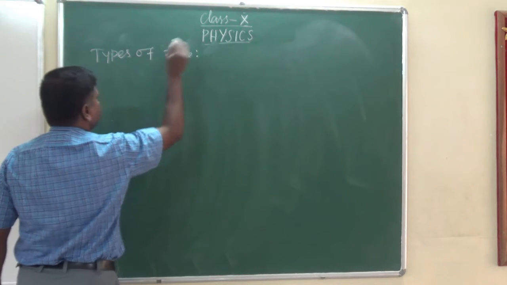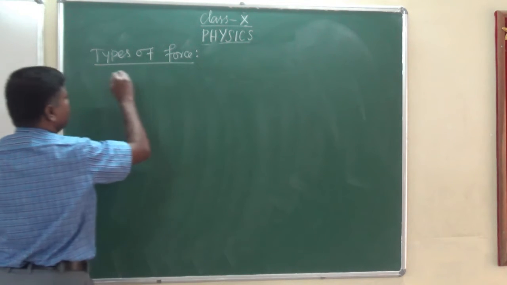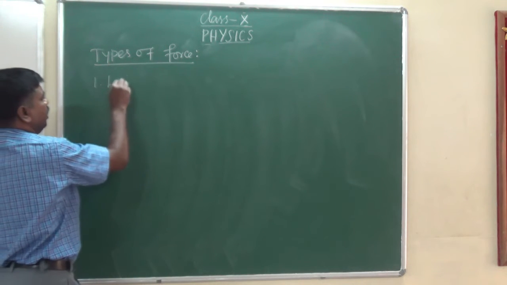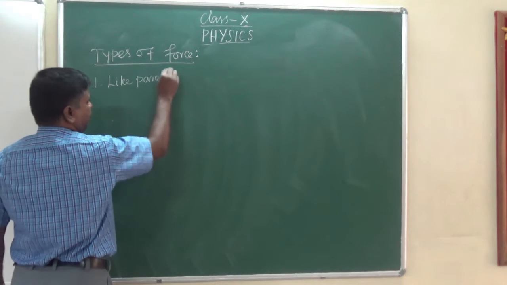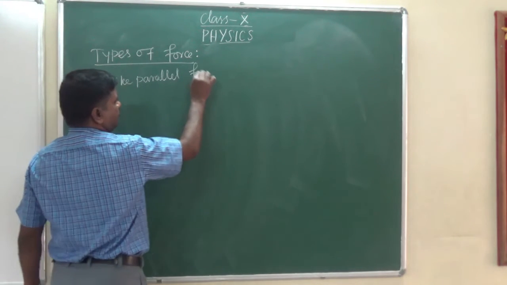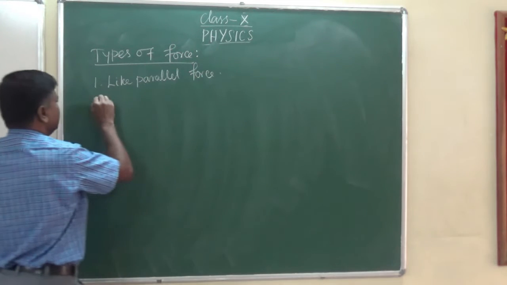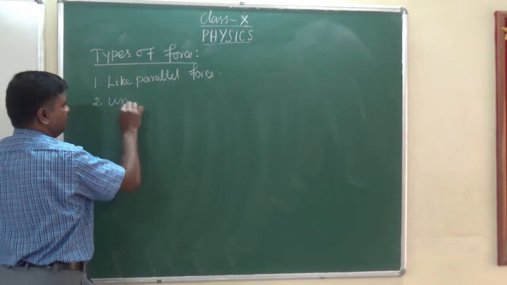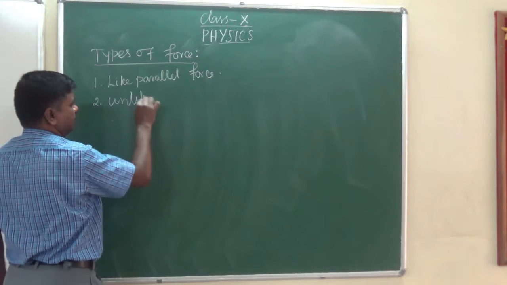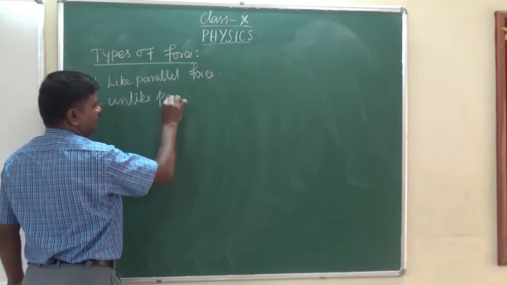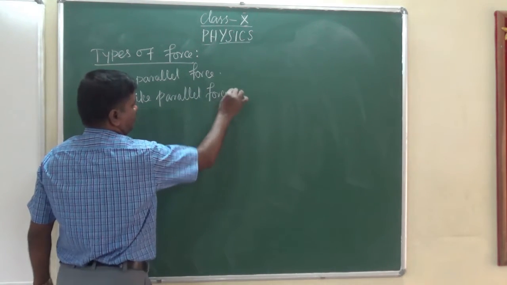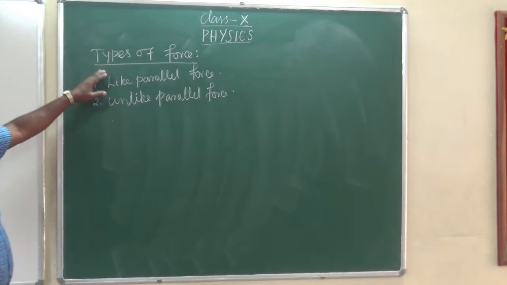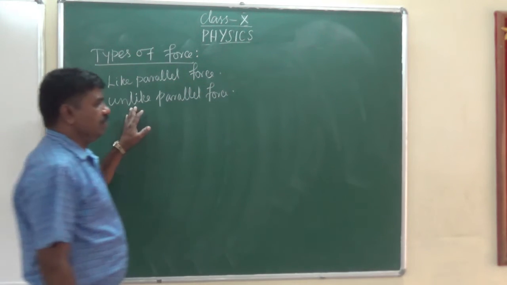In these types of force, the first one is like parallel force. The second one is unlike parallel force. So there are two types of forces. One is like parallel force and another one is unlike parallel force.